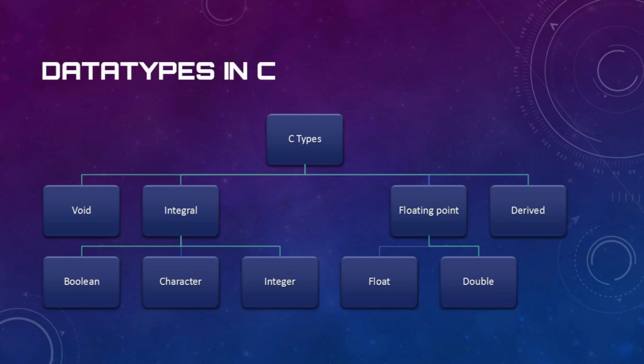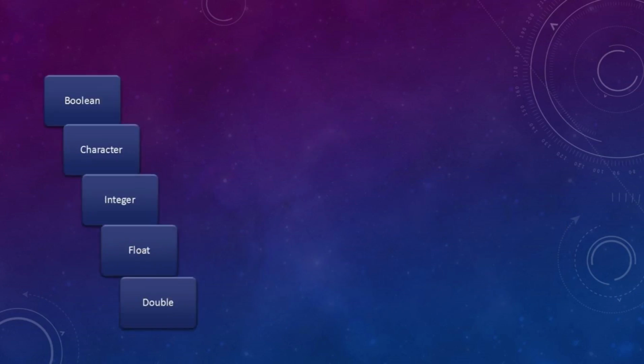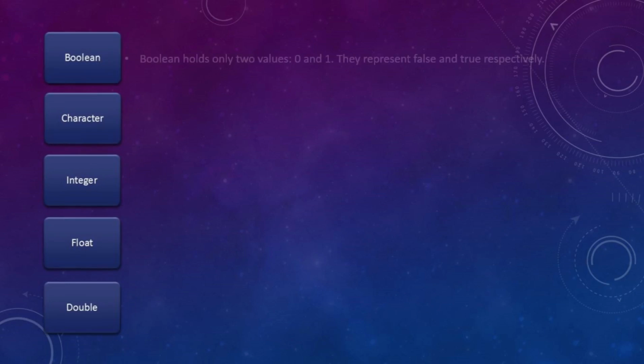For now, we are going to discuss Boolean, character, integer, float, and double. Now we have Boolean. As I have told you, Boolean holds only two values, 0 and 1. They represent false and true respectively. So 0 represents false and 1 represents true.